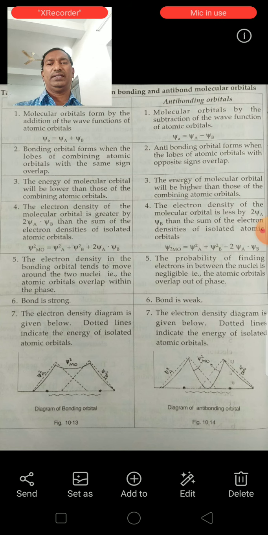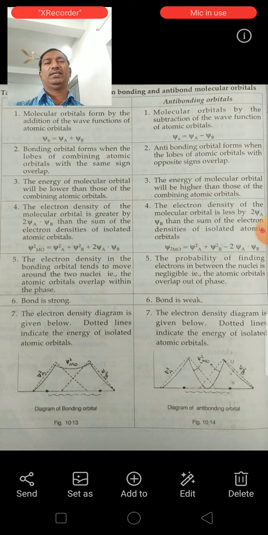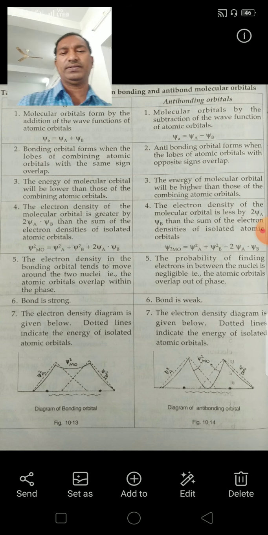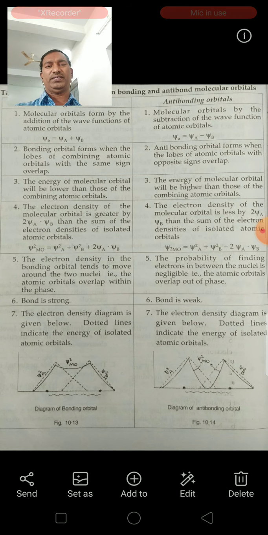So bonding has overlap in phase, antibonding has overlap out of phase.